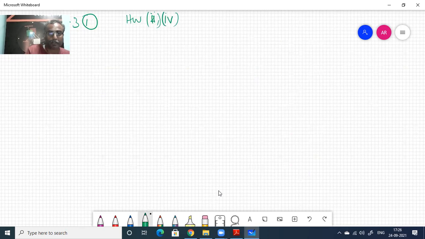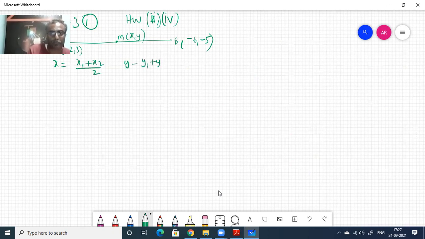Okay. This is the line AB. A is -2, 3 and B is -6, -5. So find the midpoint M, X, Y. X is equal to X1 plus X2 by 2 and Y is equal to Y1 plus Y2 by 2.